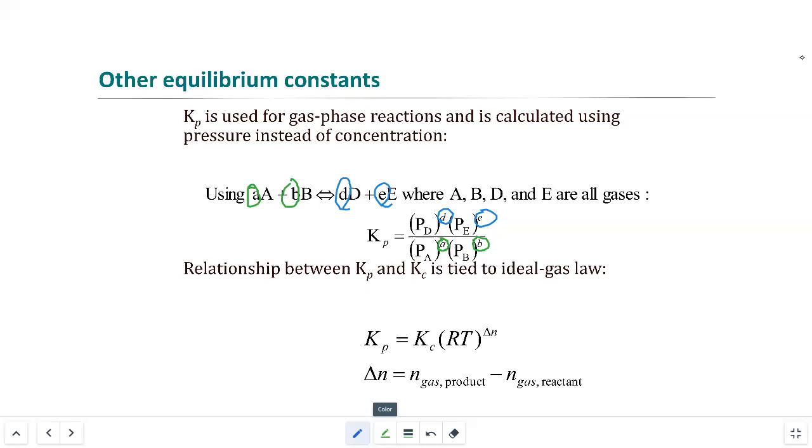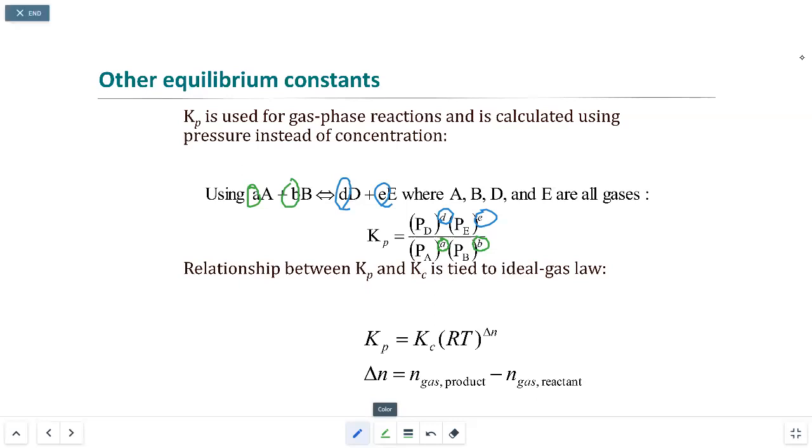If I know the value of KC, I can turn it into KP by taking that value of KC and multiplying it by the quantity R, the universal gas constant, times T, the Kelvin temperature, raised to the power of delta N. Delta N being the relationship between the number of gas molecules in the products versus the number of gas molecules in the reactants.